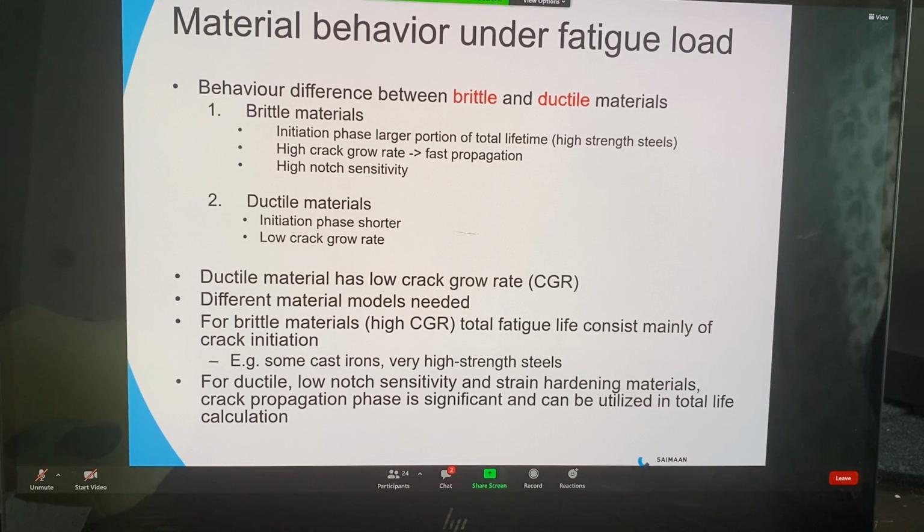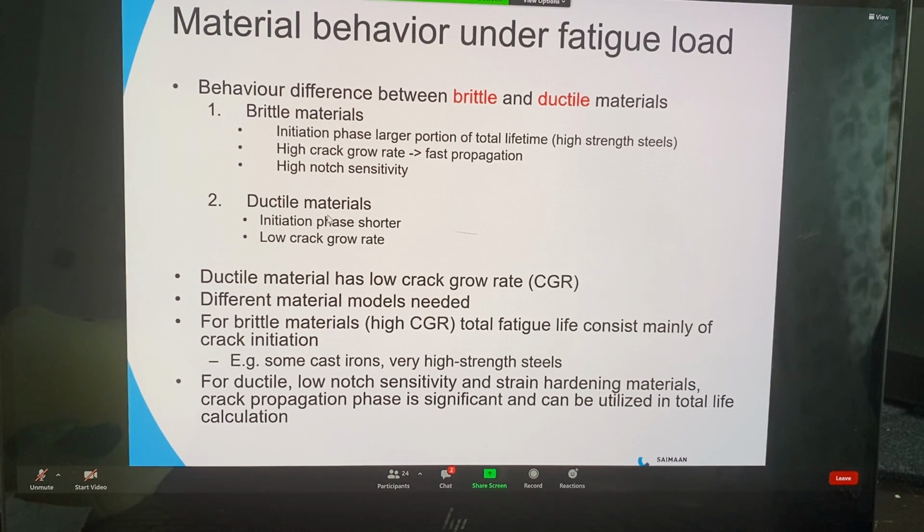So they resist longer for the crack initiation. But then, when the crack has been initiated, they usually have a fairly high crack growth rate. So it's a fast propagation if the loading keeps the same. So they have a fairly high notch sensitivity.